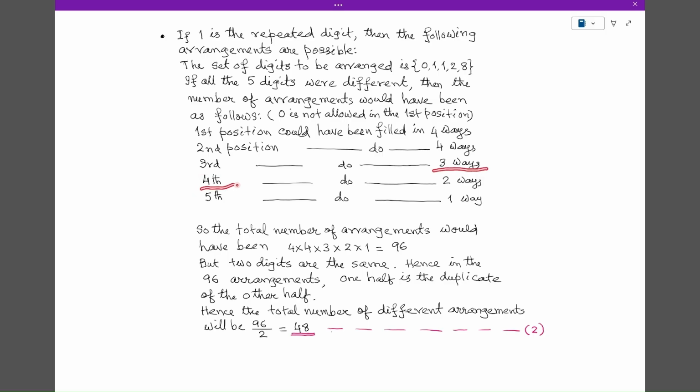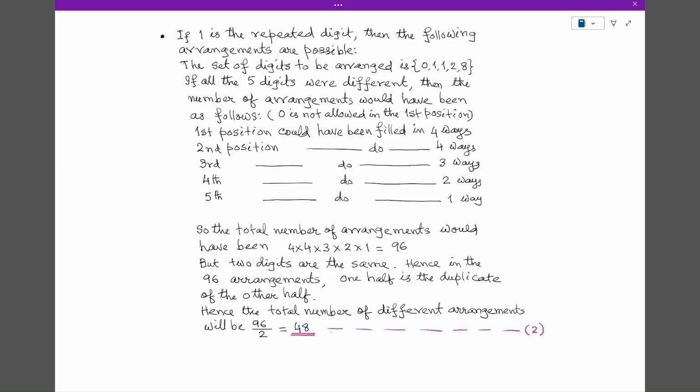The fourth position could have been filled in 2 ways, and the fifth position could have been filled in 1 way. Therefore, the total number of arrangements would have been 4 multiplied by 4 multiplied by 3 multiplied by 2 multiplied by 1, which is equal to 96.